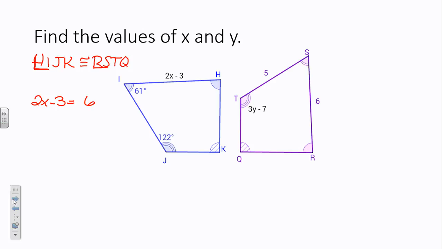Because H and I were listed first, and we're targeting x right now, trying to figure out what x is, we check to see what that segment is equivalent to on the other polygon. R and S are the first two. So we want to set 2x minus 3 equal to 6.